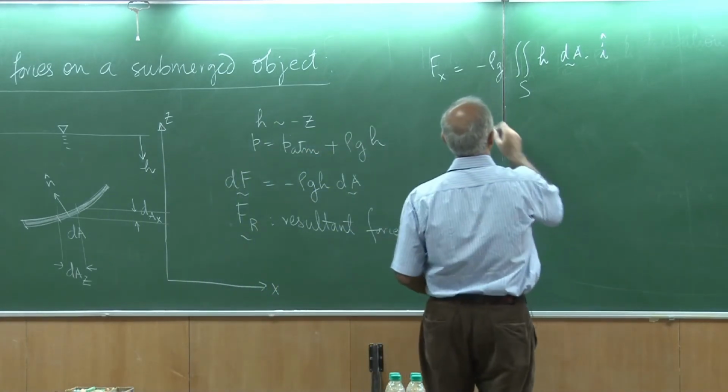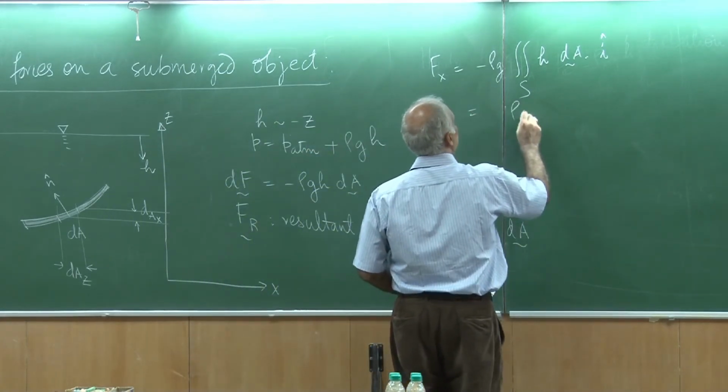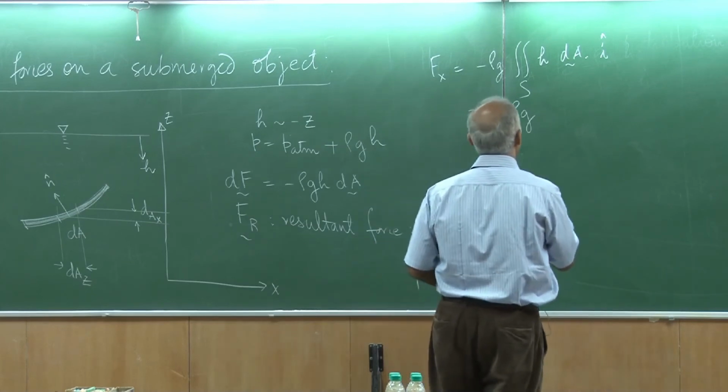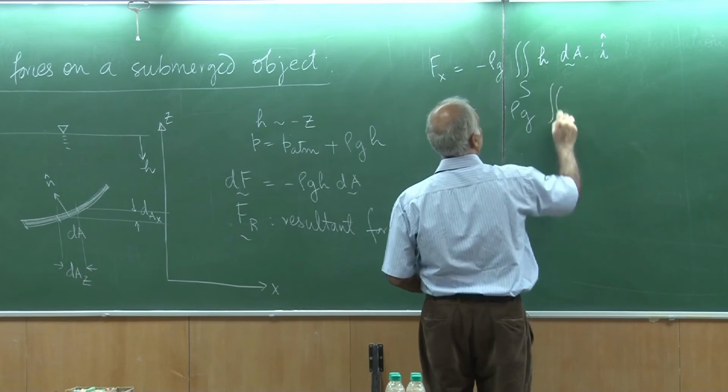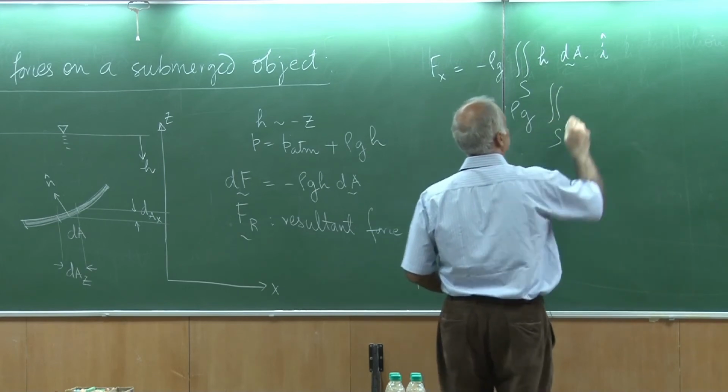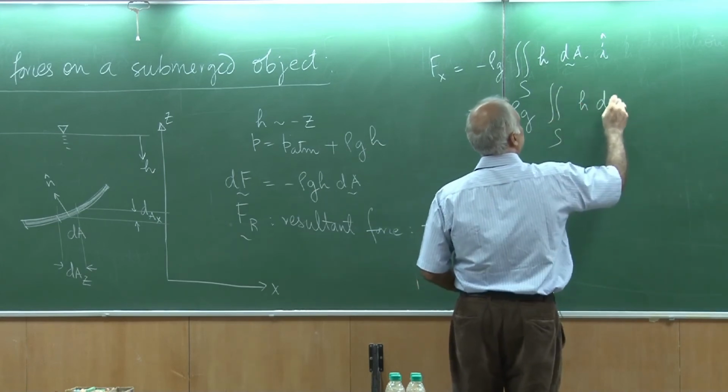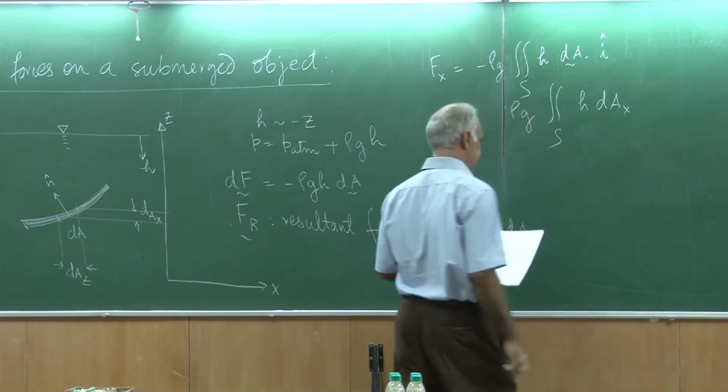And this would become actually rho g times the integral over the area S of h dAx.